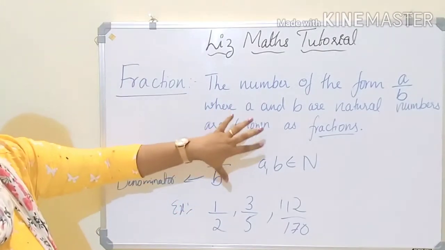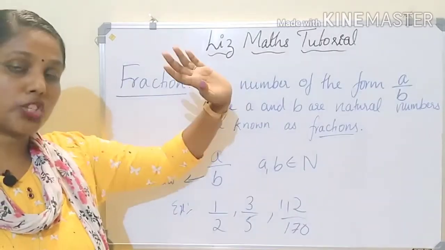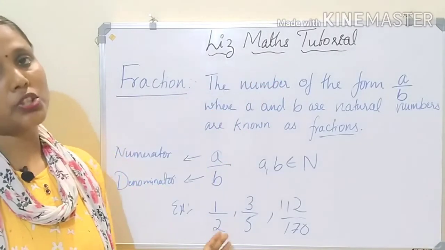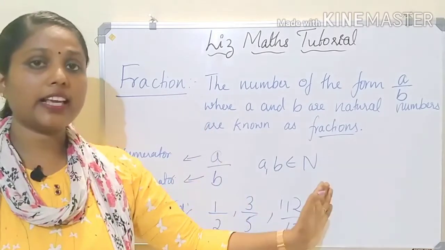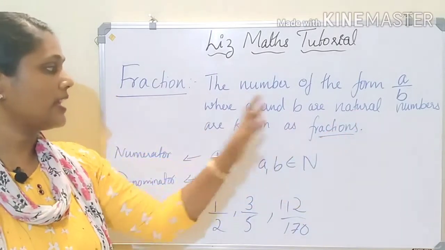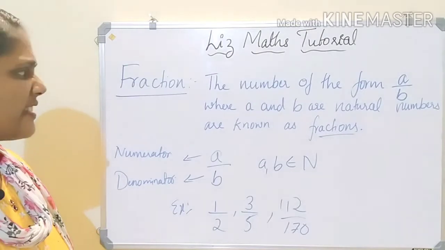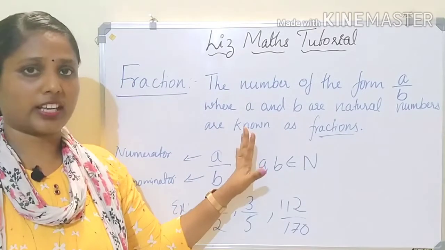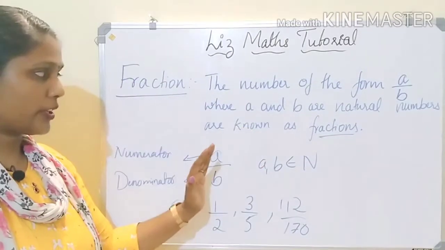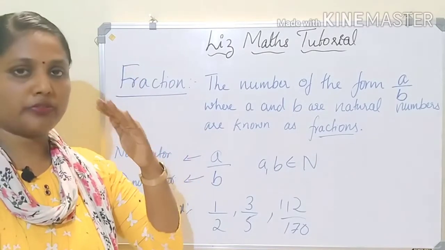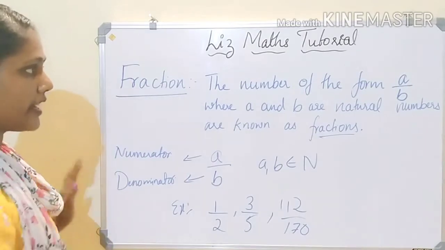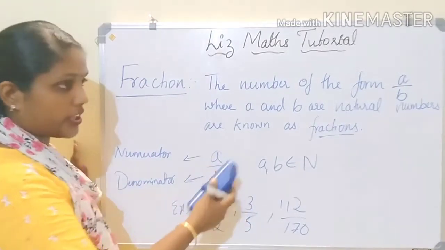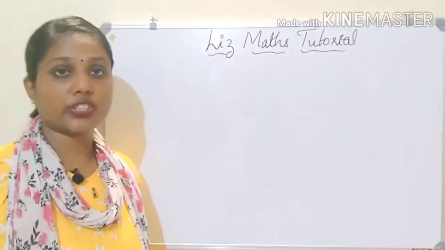So a number of the form a by b, where a is the numerator and b is the denominator, and a and b belong to the natural numbers, is known as a fraction. This is one of the easiest definitions in maths. You can keep in your mind that the form of a fraction is nothing but a by b, a divided by b. Hope you understood the definition of fraction.